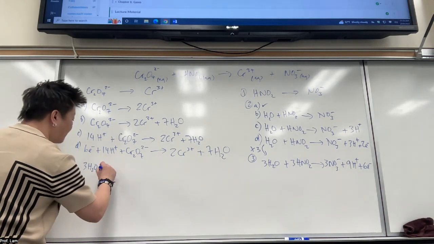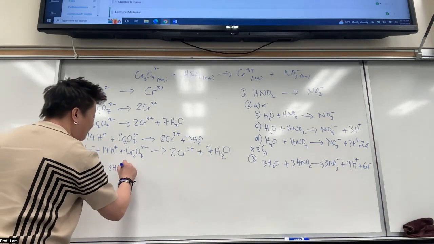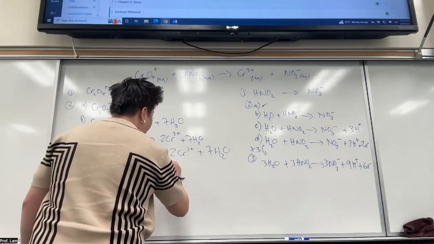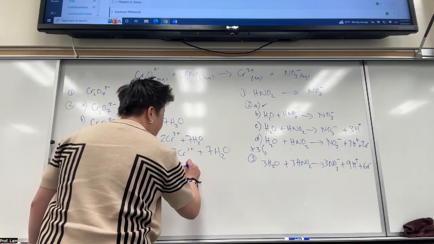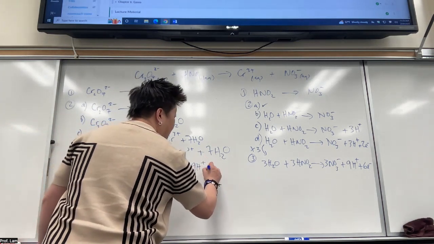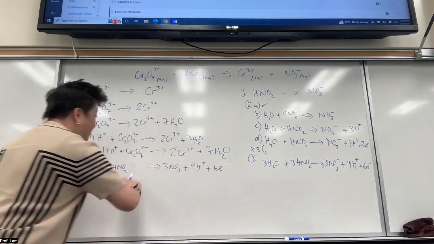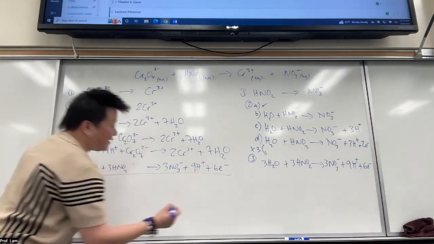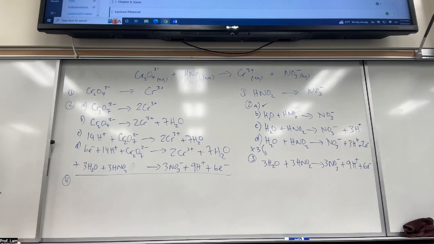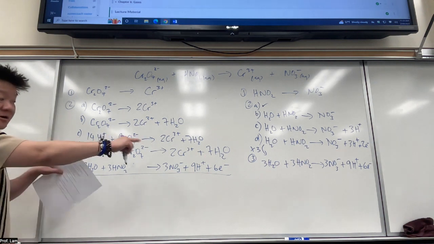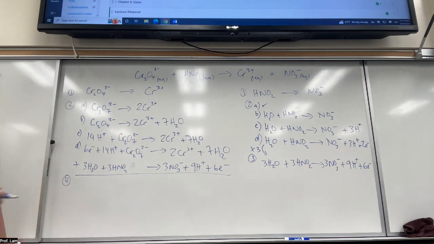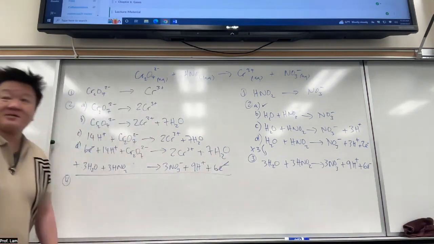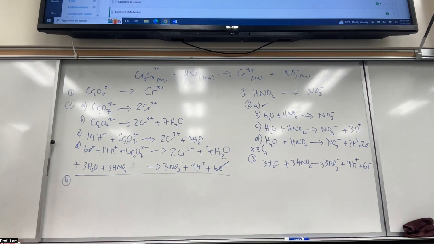So 3 water plus 3 HNO2 goes to 3 NO3 minus plus 9 H plus and 6 electrons. So I just rewrite it so they're both on top of each other. So it makes it easy for me to add it together. So things that occur on both sides, they can cancel, right? So 6 electrons here can cancel with 6 electrons there. What else can cancel?